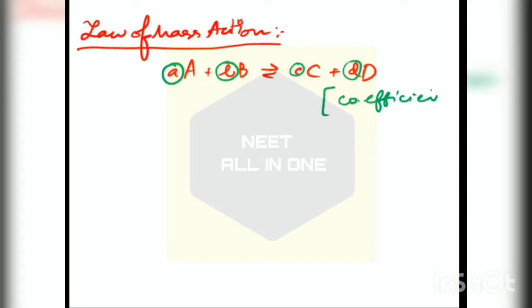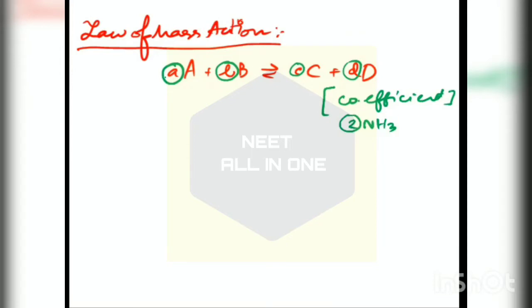That means suppose we are writing 2NH3. So here 2 is coefficient. So then just like 2, here a is also a coefficient.